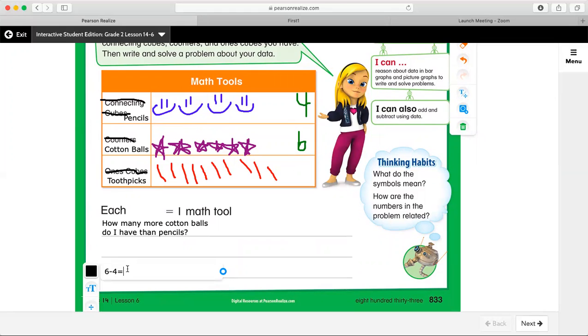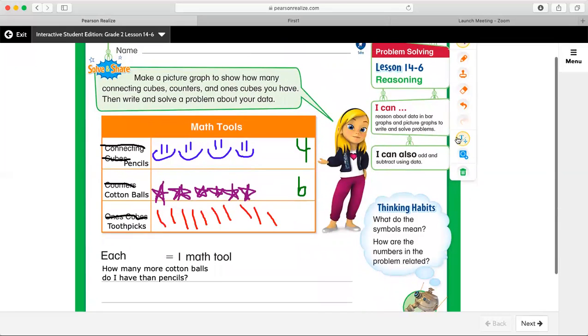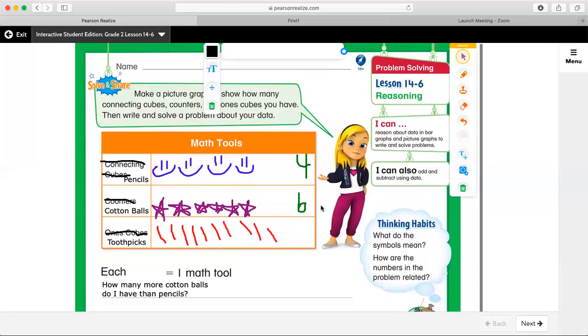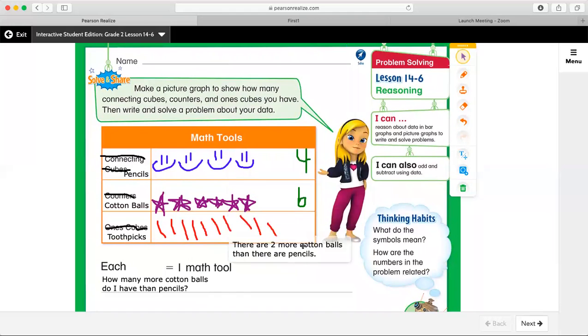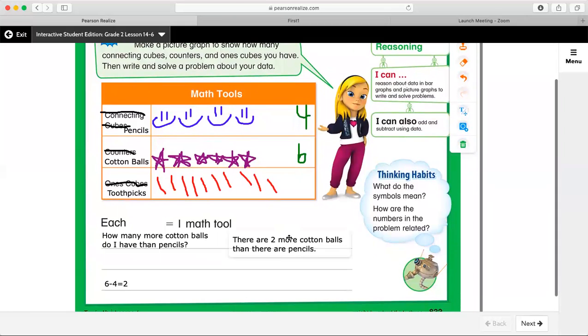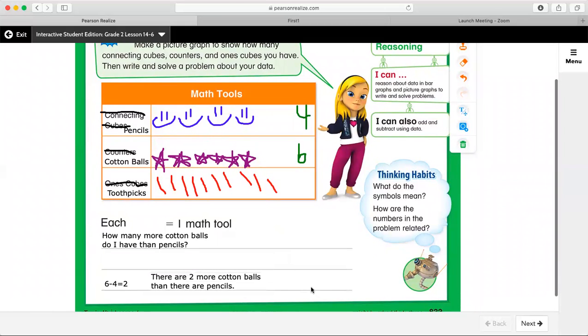And I know that 6 minus 4 equals 2. So I'm going to say there are 2 more cotton balls than there are pencils.